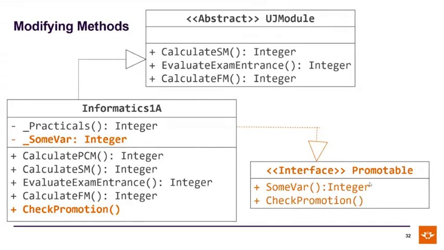So it's just a resource. It's more of a to-do list. Things you have to do. Because anything that implements the interface has to have some variable and check promotion.